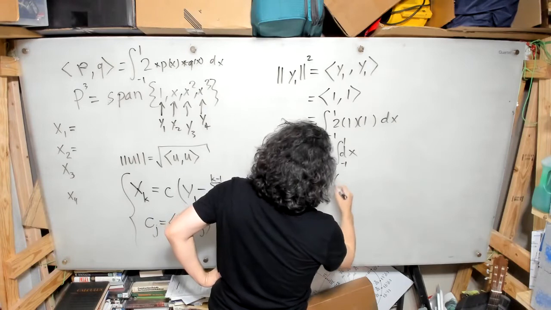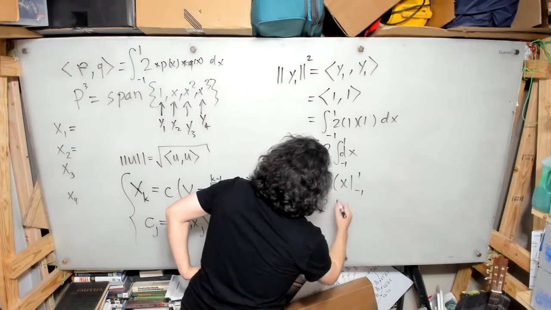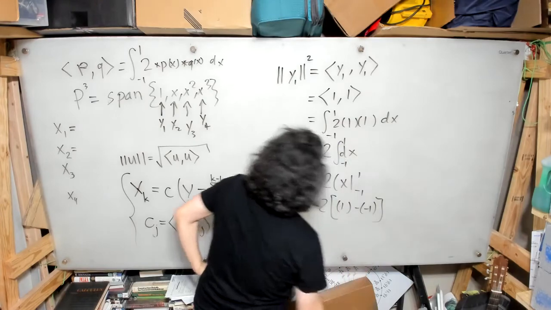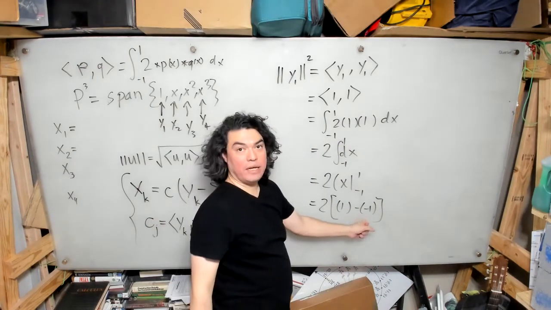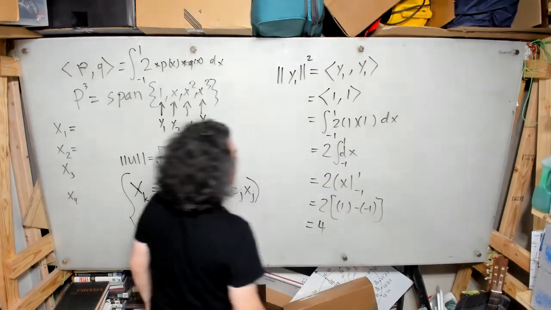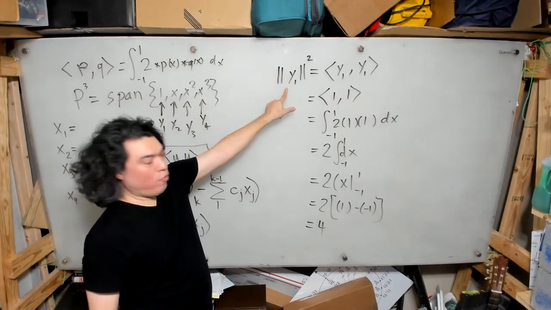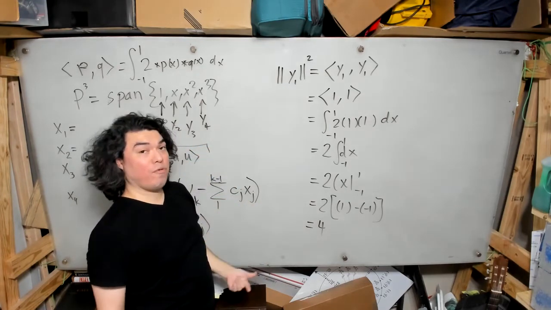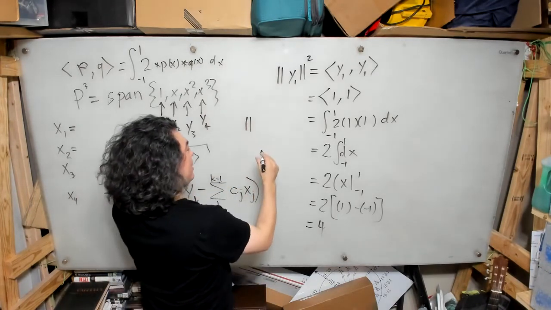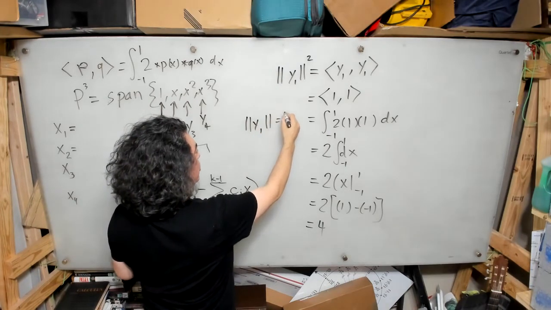So it's going to be 2 times x from -1 to 1. This is going to be 2 times 1 minus -1. And of course, 1 minus -1 is 1 plus 1, or 2. 2 times 2 is 4. So that tells us that the square of the norm of 1 is 4. That means that the norm of 1 is the square root of that, which is 2. So what we've just determined is that in this vector space with this inner product, y1 has a magnitude of 2.